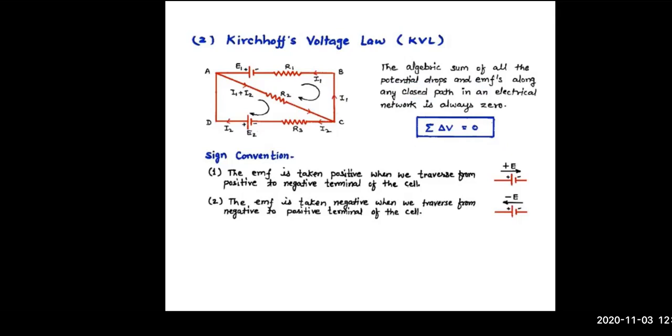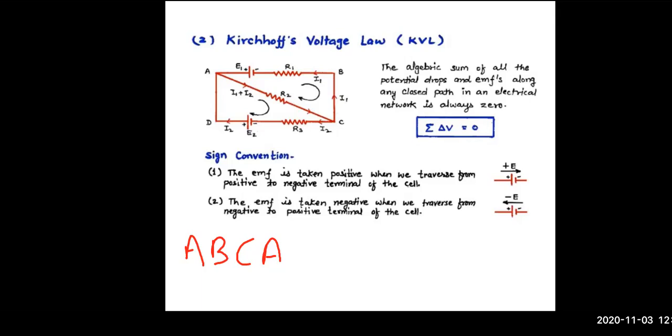So here we need to understand some sign conventions. First is, you should imagine yourself moving. So we had considered the loop, that is A, B, C, A, right? And you are going to start from the positive of the cell.